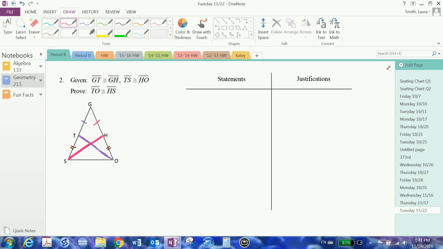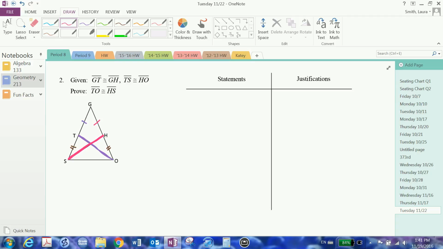So what else do we know? The TS and the HO, those are also sides of the lower triangles. And the GT and the GH, those are sides of the upper triangles. This is going to be a challenge.